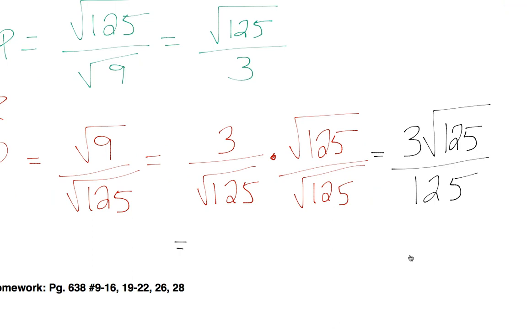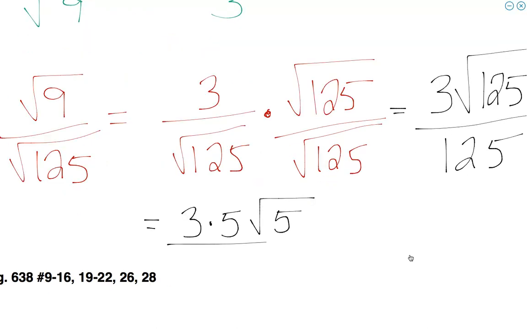And of course, we can take that a little bit further because we know inside of 125 is a 25. So this is really 3 times 5 times the square root of 5 over 125.